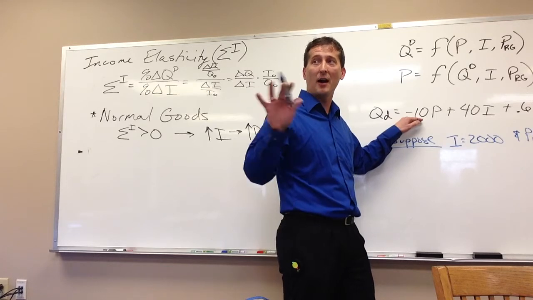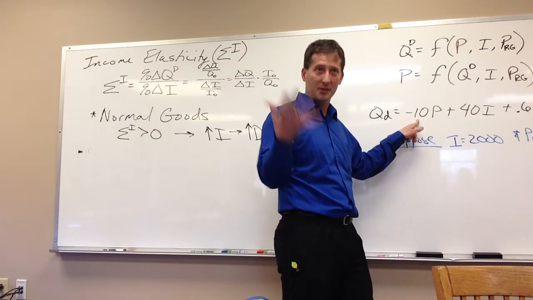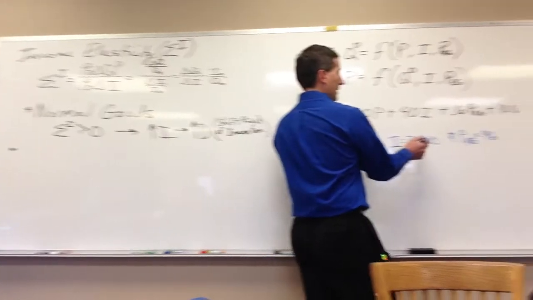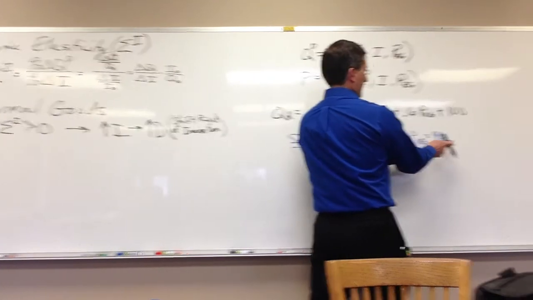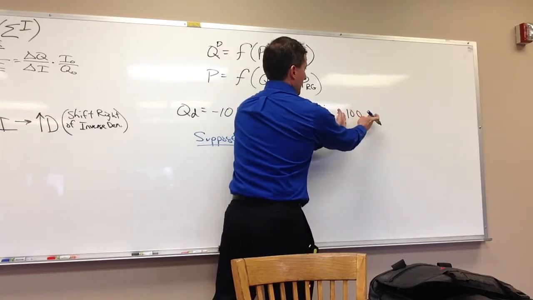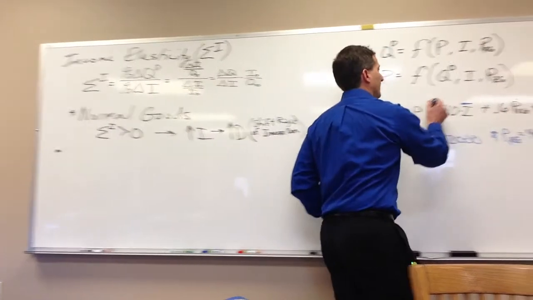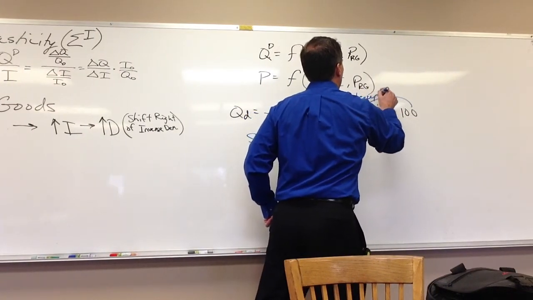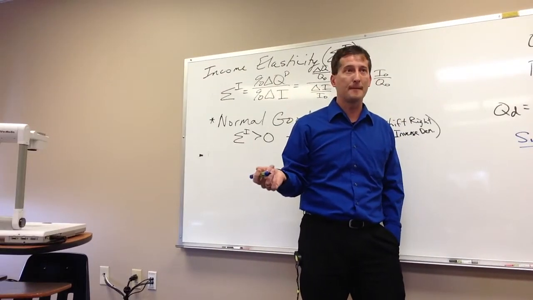You can solve it down to P, which changes it into slope-intercept form, and we're right back into our world. If I substitute 20,000 in here, 40 times 20,000, and 46 in here, 46 times 0.6, plus 100, this number plus this number plus this number equals a number. So all of this collapses down into the intercept, and now we're back to slope-intercept form. Okay?